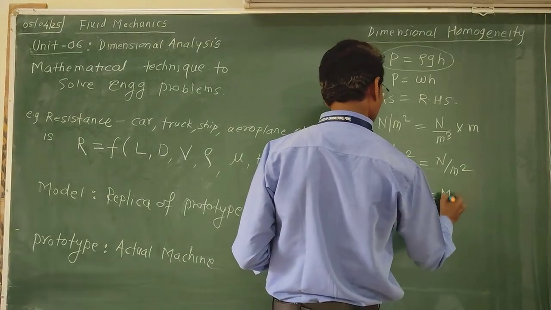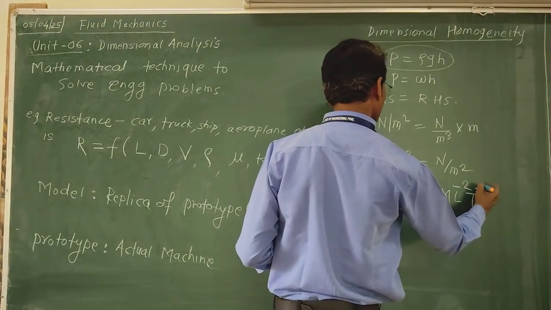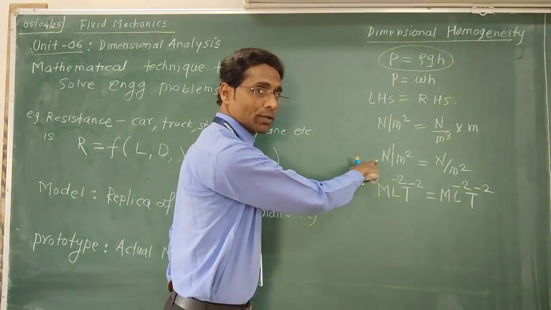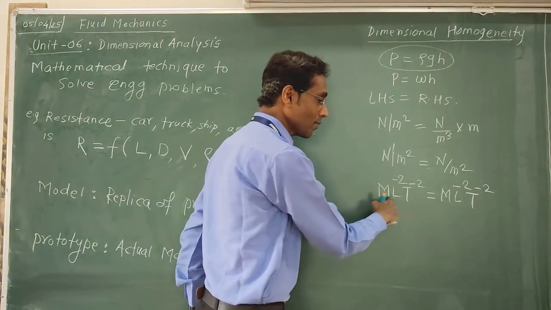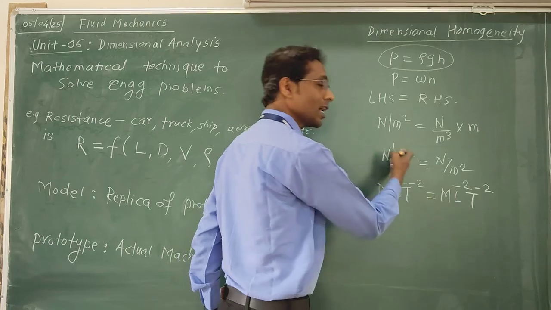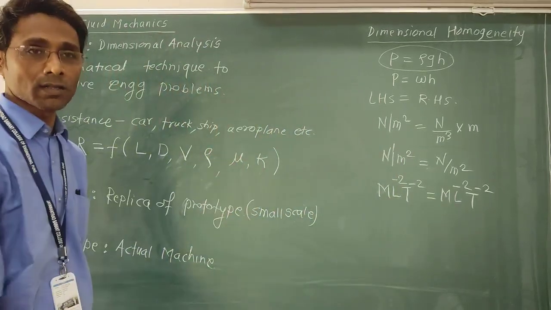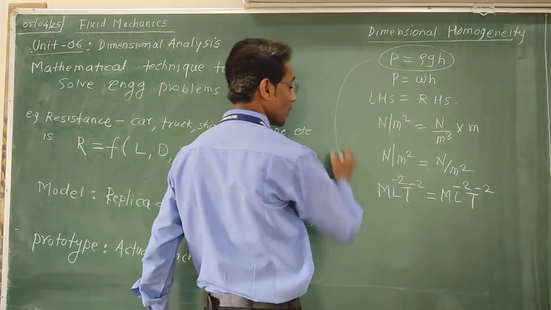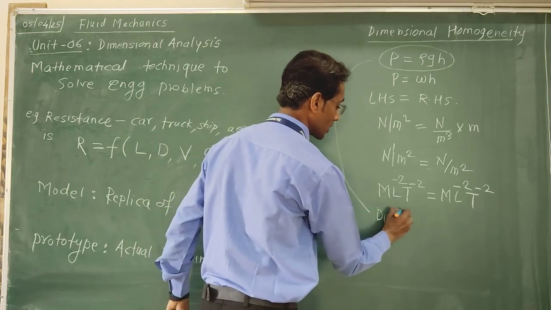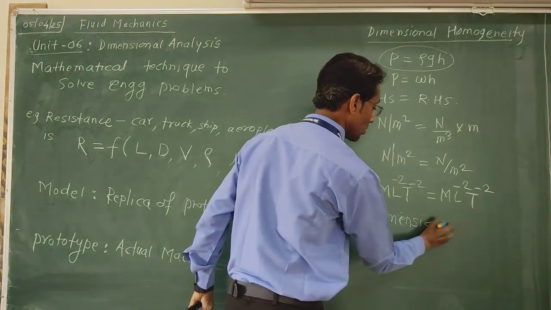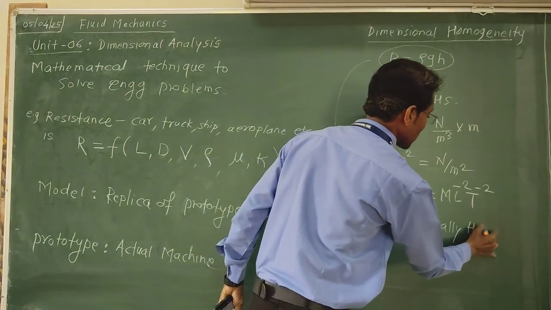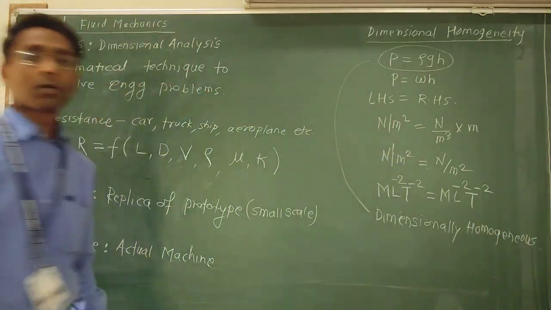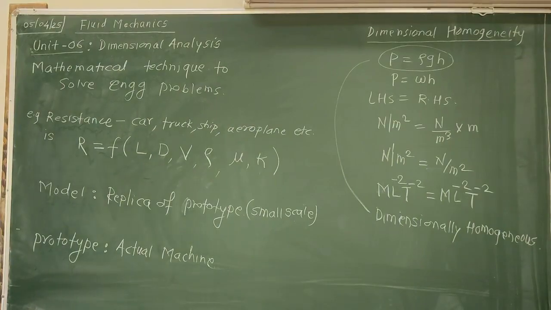Right side, M L raised to minus 1, T raised to minus 2. This is the dimensional form. This is the actual form, unit form, Newton per meter square. And this is MLT form. Now how to write any unit in this form? That will come in further discussion. Currently, both sides are same. Means this equation is dimensionally homogeneous. Actually, it is a condition: dimensionally homogeneous equation.